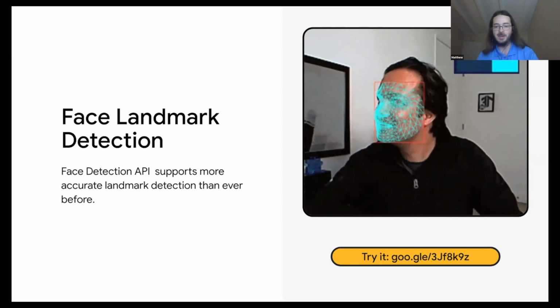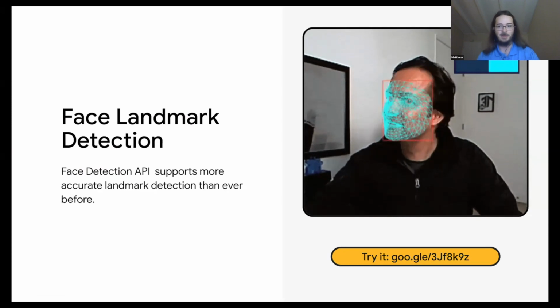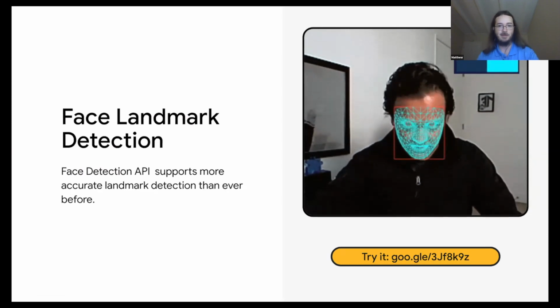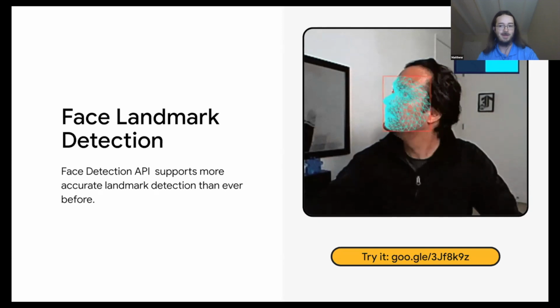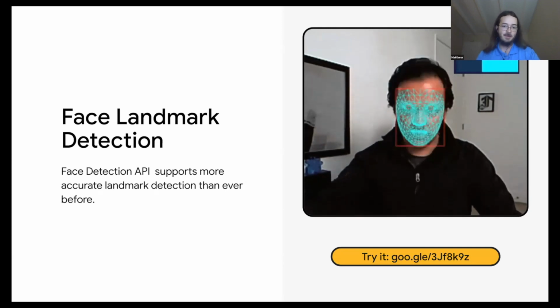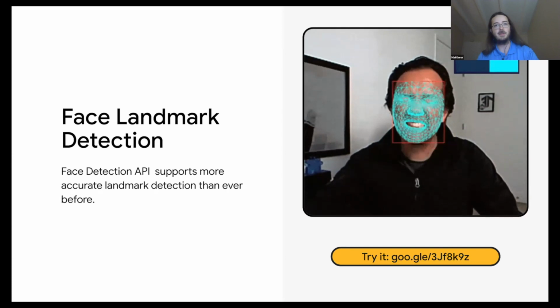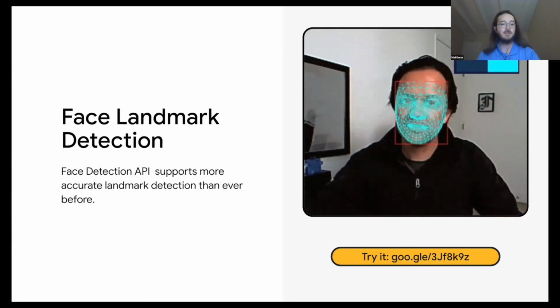You can try it out at the link below. This frame rate, though, is probably from a computer with a rather beefy GPU, so you might see a slower frame rate on your laptop. But there's also a very lightweight option that just returns bounding boxes and 6 key points for the face if you have a less powerful device like a smartphone.